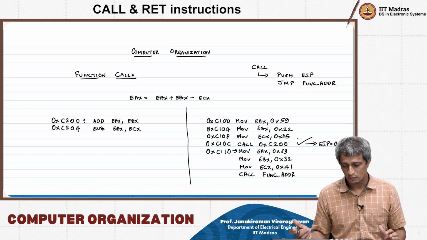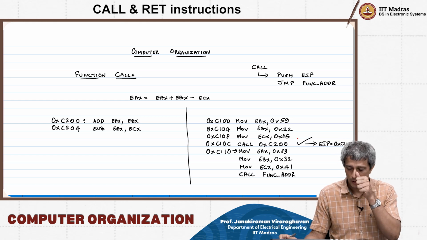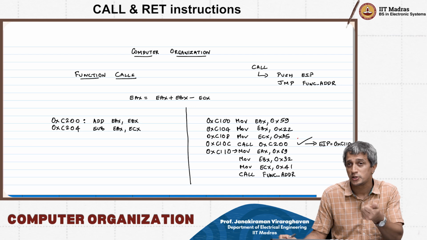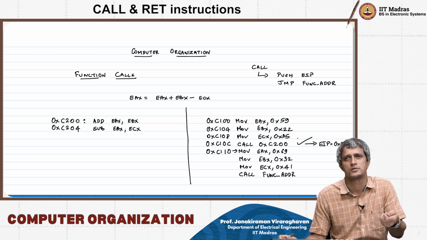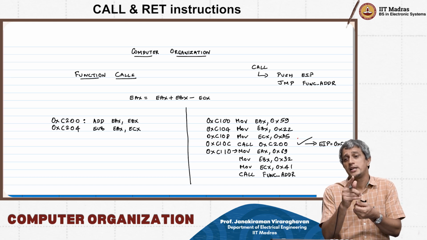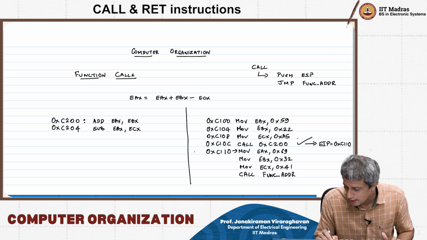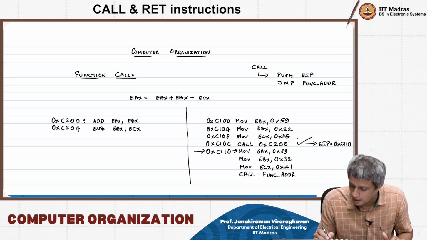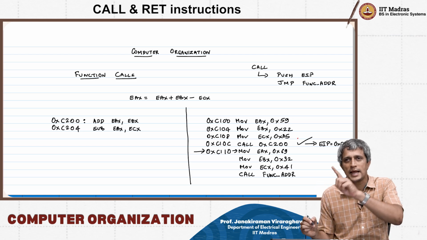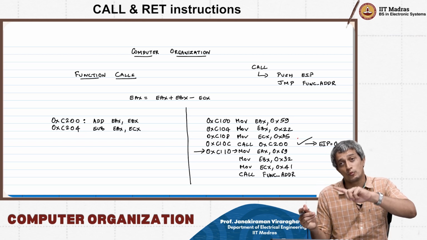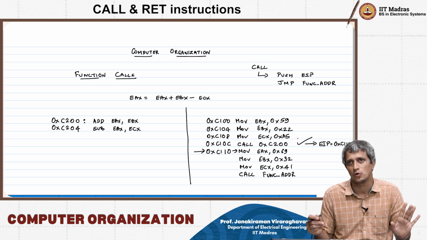So when this function executes, EIP, right? What does the unconditional jump do? It simply loads EIP with this 0xC200. But before that, it has pushed the return address, that is, 0xC110, onto the stack, and then you switch the execution to 0xC200.